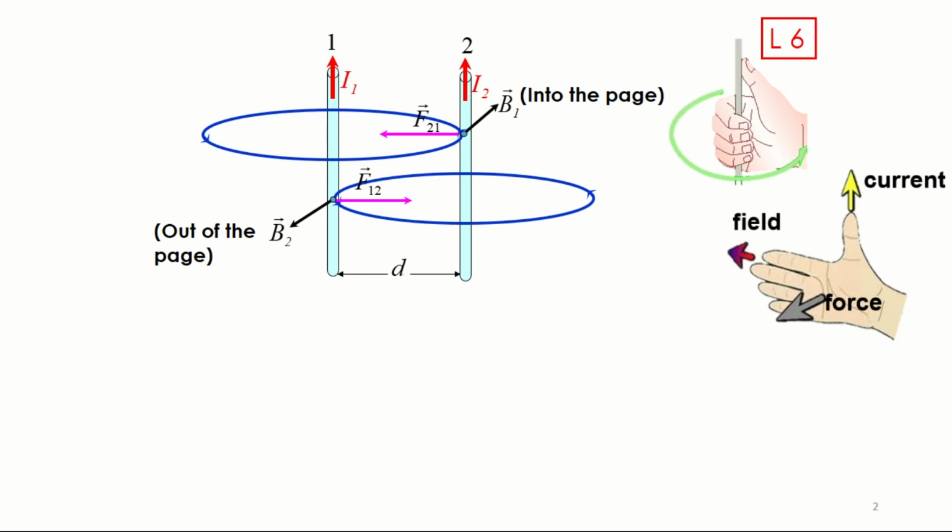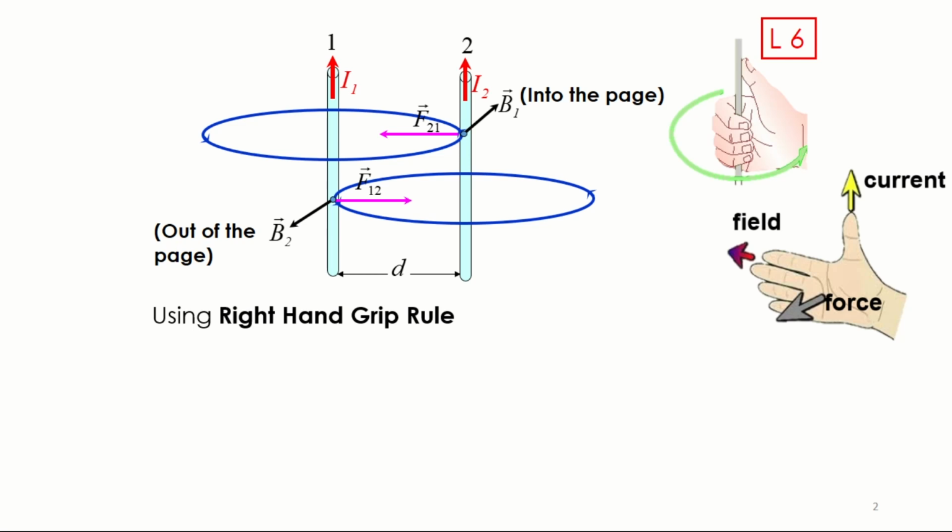To determine the direction of B1 and B2, we use the right hand grip rule. From it, we determine B1 into the page and B2 out of the page. And to determine the direction of force F12 and F21, we use the right hand palm.